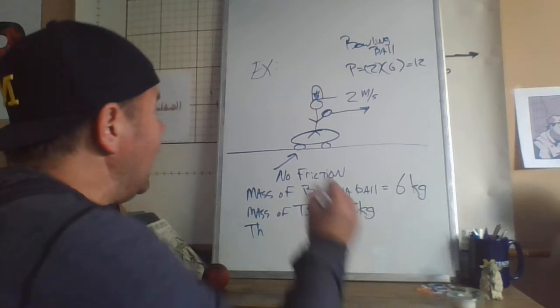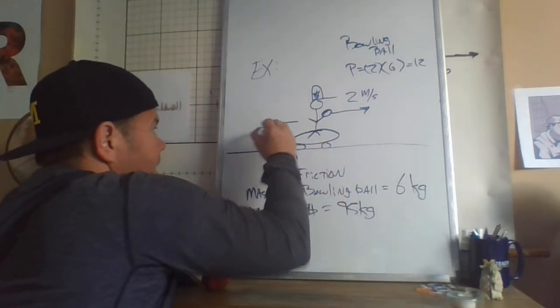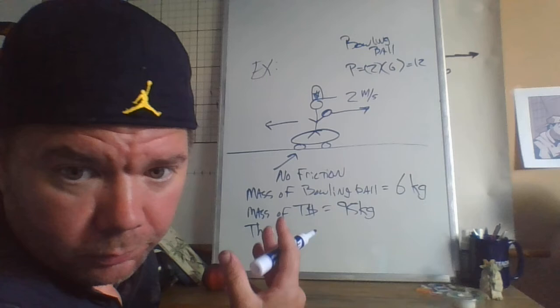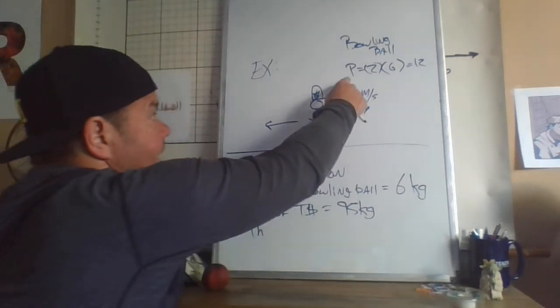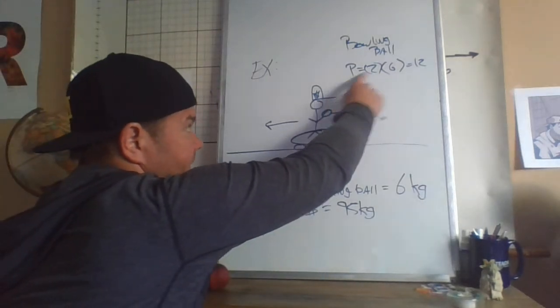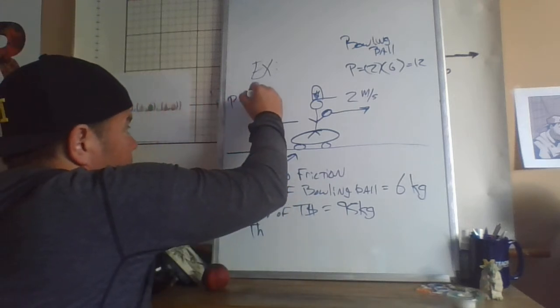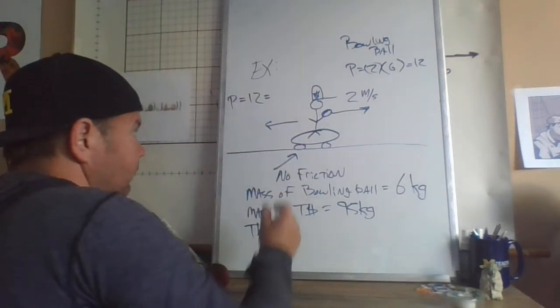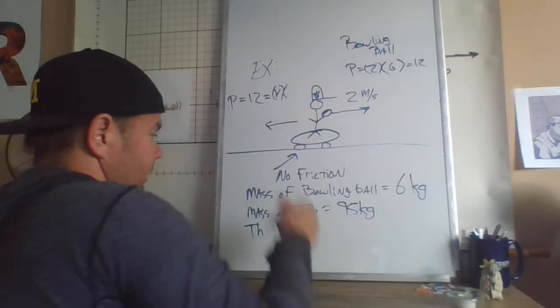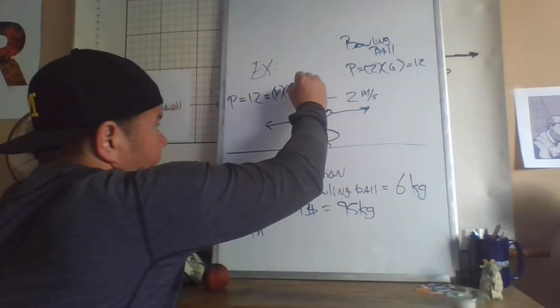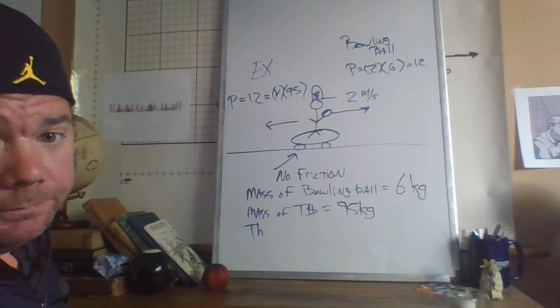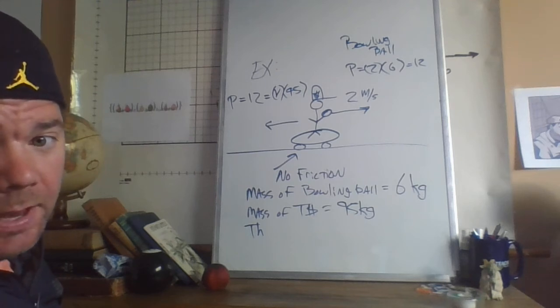As soon as this happens, I'm going to recoil in the opposite direction, and I have to have the momentum that's exactly the same as this. So my momentum has to be 12, which has to equal my velocity times my mass. It's as simple as that.